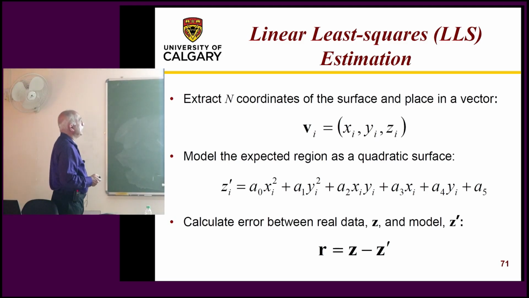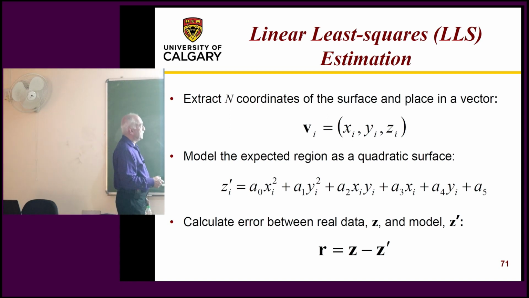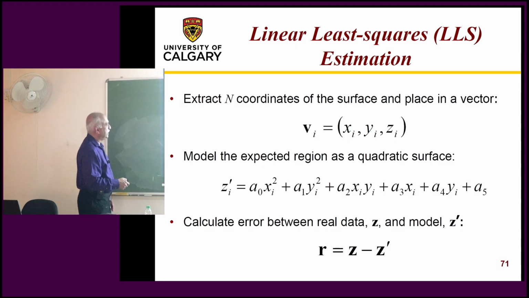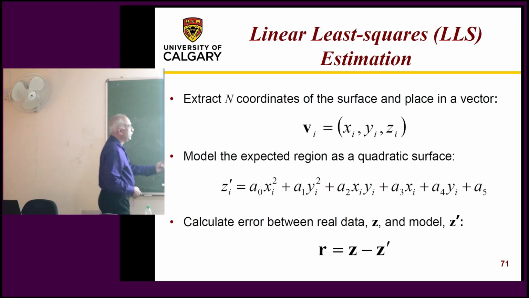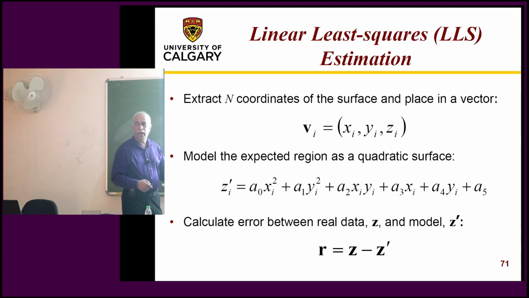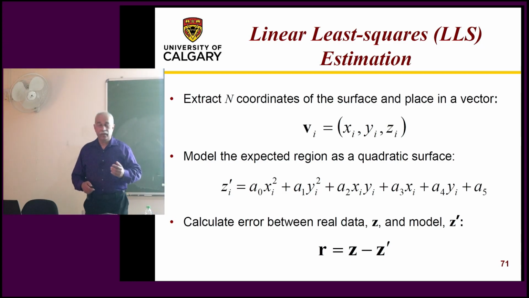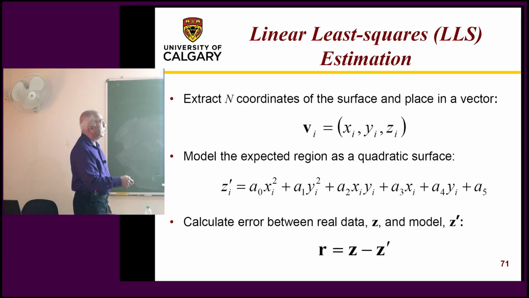But suppose you have these n coordinates, xi, yi, zi in 3D. The model is given by this quadratic equation. Zi prime is this quadratic relationship to xi and yi. So calculate the error between the real data z and the model z prime. You have the real data from segmentation. Z is like an improved contour using x and y.